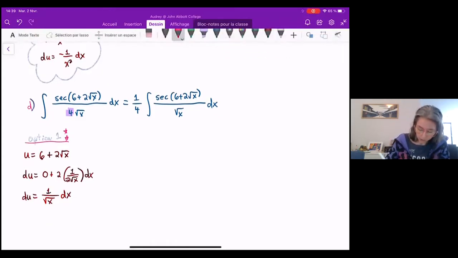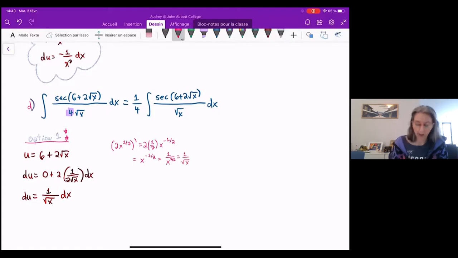But just so you understand what happened here, 2 root x is the same thing as 2x to the 1/2. So then this is 2 times 1/2 x to the negative 1/2. We just brought it down and subtracted 1. So this gives us x to the negative 1/2, which is 1 over x to the 1/2, which is 1 over root x. Okay, so just a little side work for the derivative there.